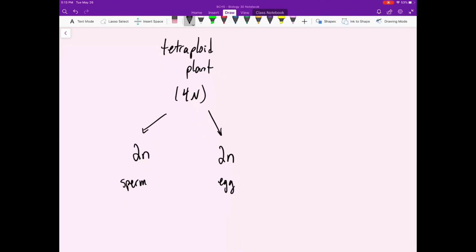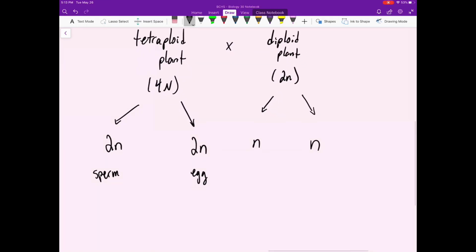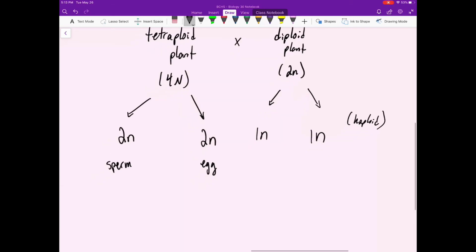And the reason why that's important is because if we were to cross a tetraploid plant with a regular version, so a diploid plant, that's just going to be n, otherwise known as haploid. So these guys are just going to put haploid. Or you can kind of think of it as 1n, or one copy.